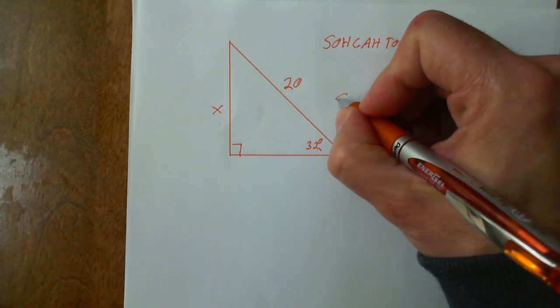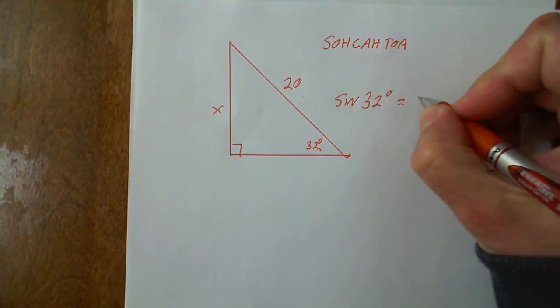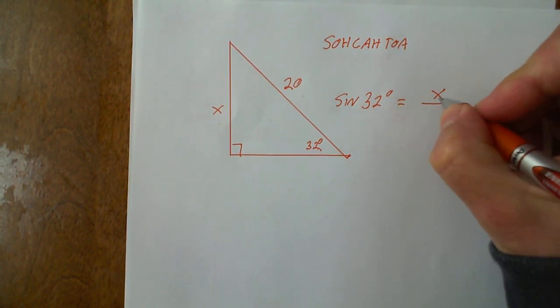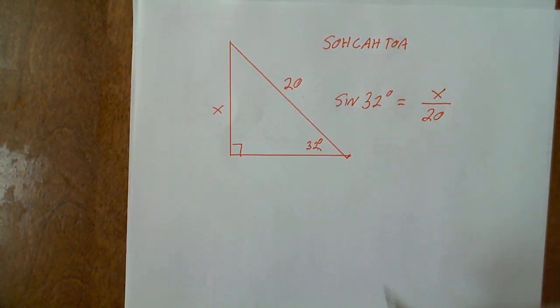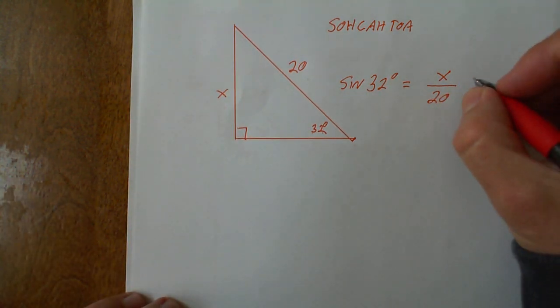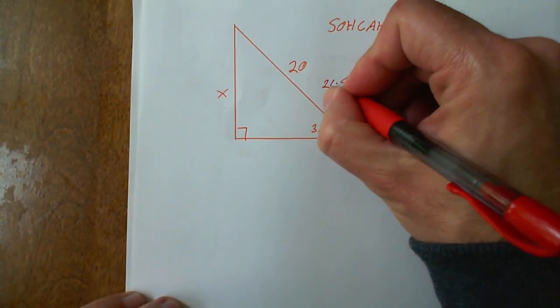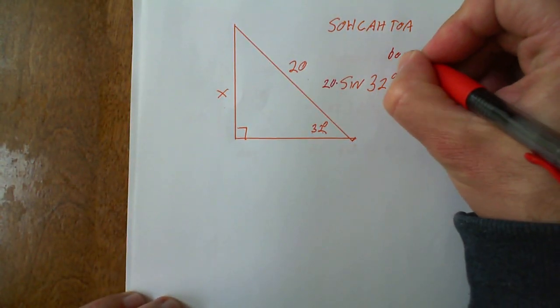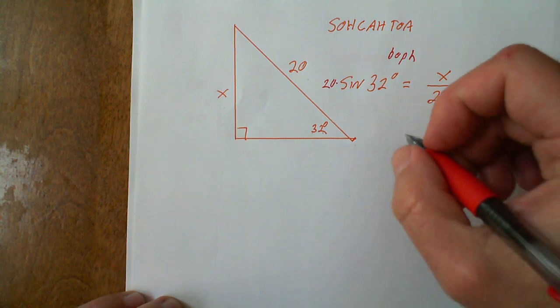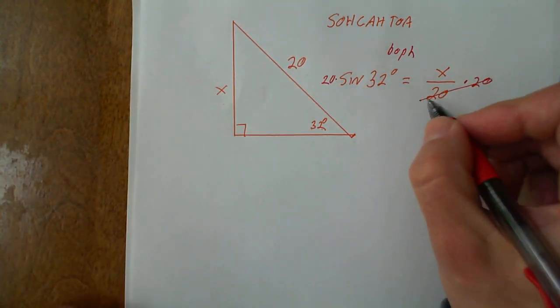So we write our equation as sine 32 degrees equals the opposite side, which is x, over hypotenuse, which is 20. To solve for it, let's get the x by itself by multiplying by 20 on both sides. We say x equals 20 times sine 32. This 20 goes away.